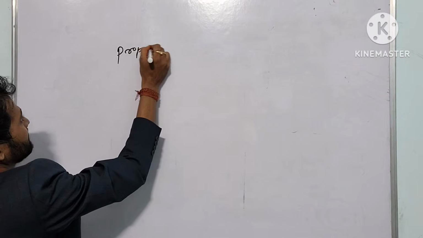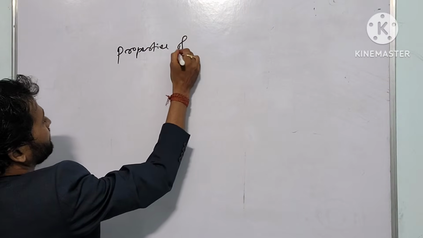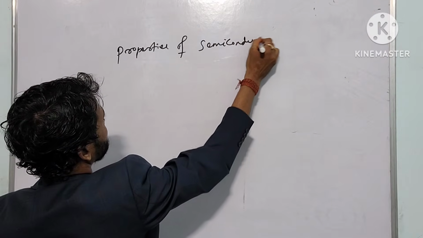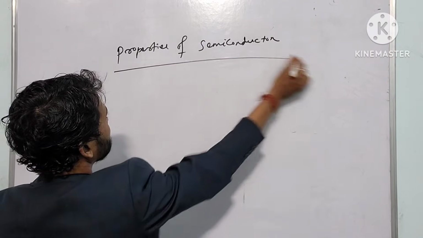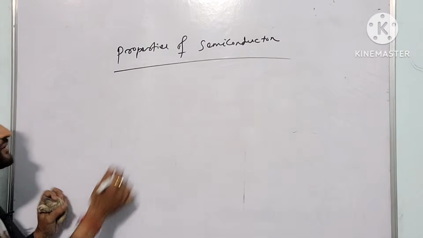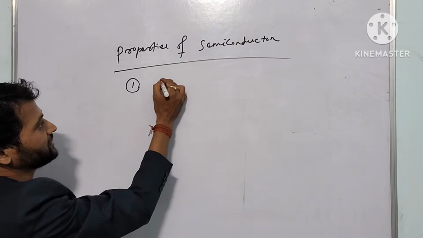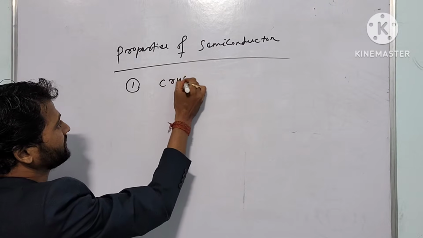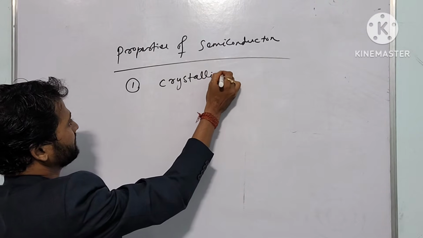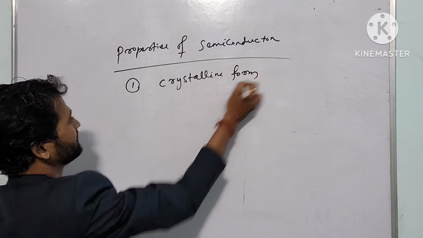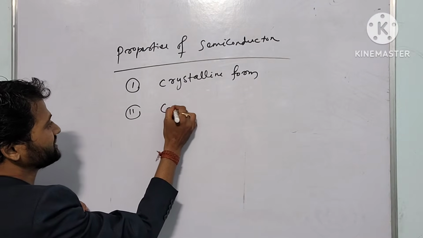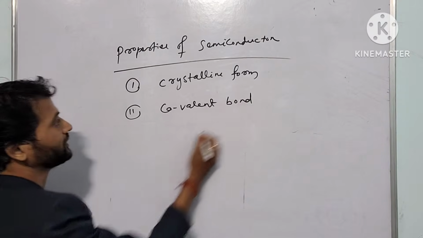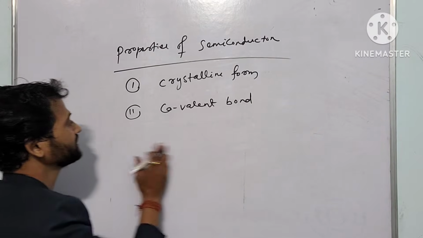Now we'll discuss the properties of semiconductor। सेमीकंडक्टर का क्या क्या प्रॉपर्टी होता है? What are the properties of semiconductor? The first property, you remember, semiconductor is formed in crystalline form. And second point is इसमें covalent bond होता है, not ionic bond, right?